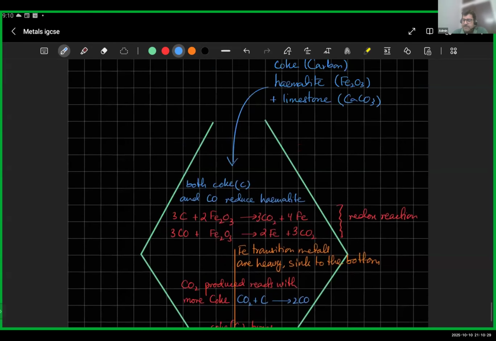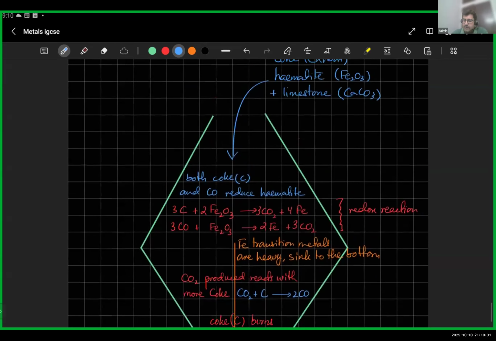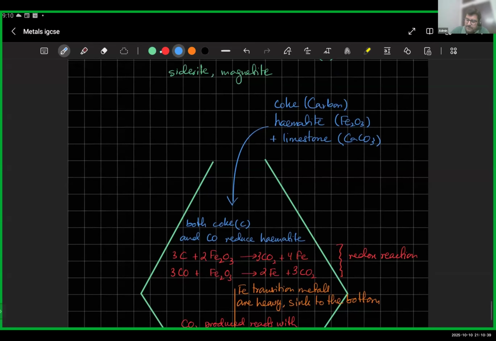And then finally, why is limestone added? There's one thing extra that's added, and that's limestone. So limestone is added, and I'm going to write it over here. Limestone is added to remove acidic impurities, because these are rocks that we are dealing with, so there's going to be a lot of sand.